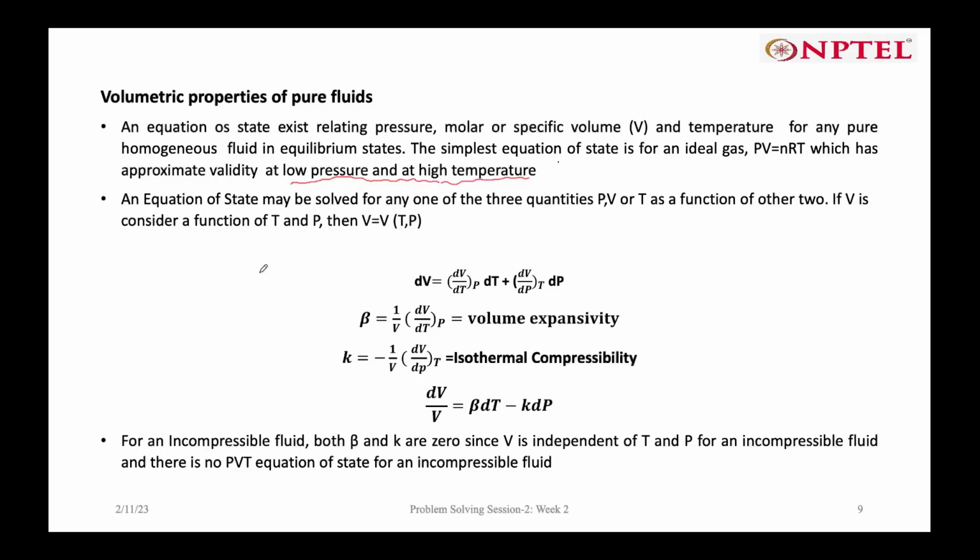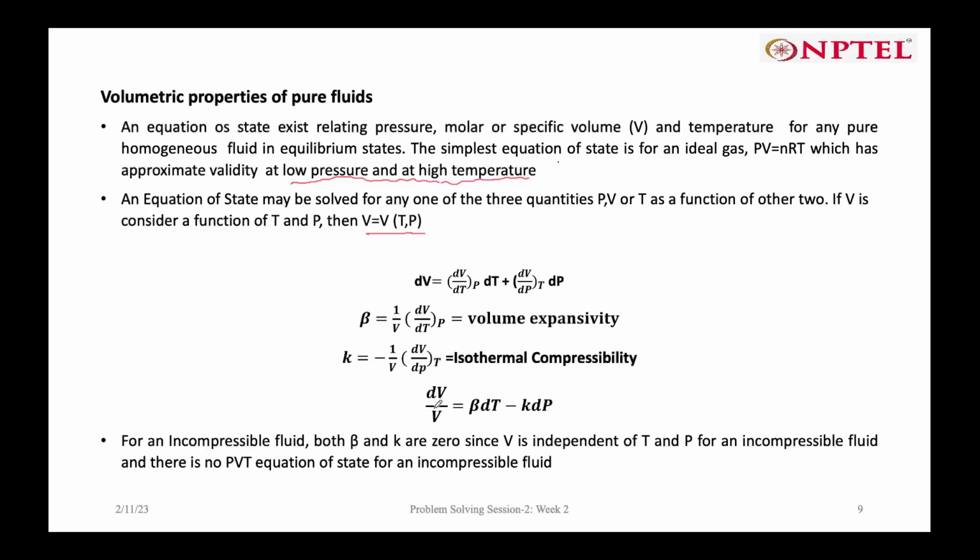Equations of state solve for any one of the three quantities P, V, T as a function of the other two. If V is considered a function of T and P, then from this relation we get dV is equal to dV by dT at constant pressure dT plus dV by dP at constant T dP. So here, the volume expansivity beta is equal to 1 by V into dV by dT at constant pressure, and kappa, called the isothermal compressibility, is equal to minus 1 by V into dV by dP at constant temperature.